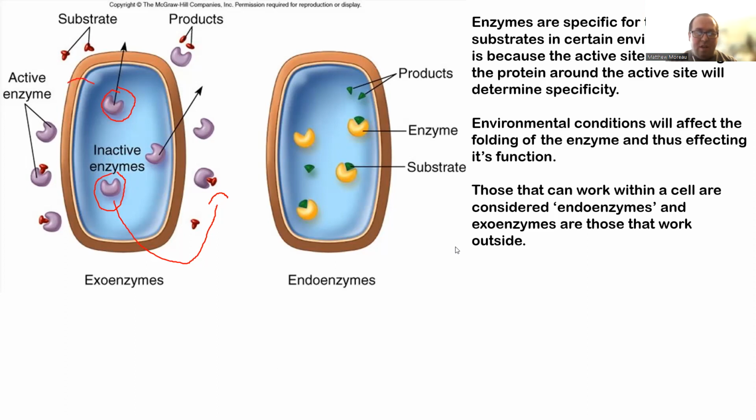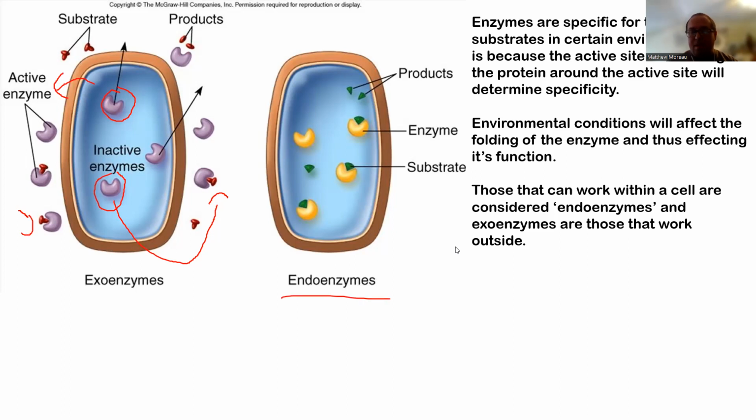Once they are outside the cell, the extracellular environment, being different from the intracellular environment, causes a change in shape to the enzymes, and something has to happen, whether it's a change in acidity, change in molecules, or phosphorylation. Some activating reaction occurs outside of the cell, and this activates the enzymes, allowing them to bind their substrates and chemically convert them.